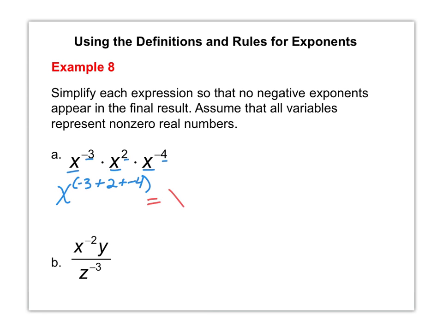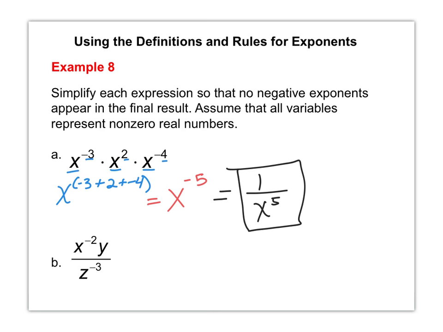When we simplify the exponent here, negative 3 plus 2 plus negative 4 is the same thing as the negative 5 power. We want to make sure we write our final answer using positive exponents. So this x to the negative 5 power can be written as 1 over x to the positive power of 5, and we can leave our answer in that form.